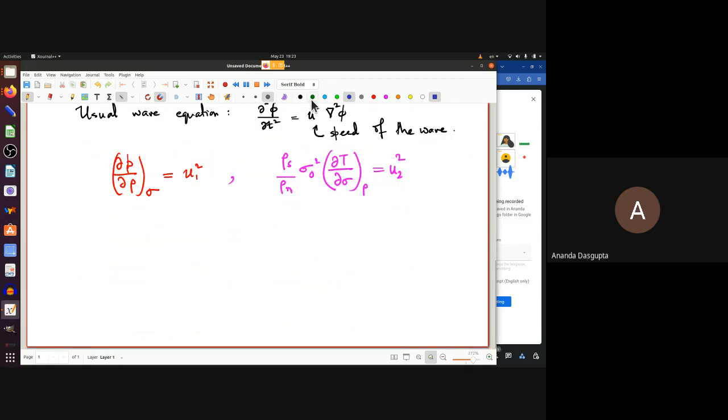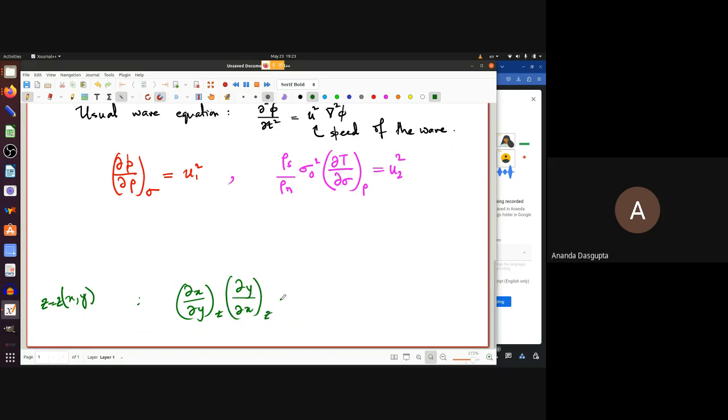I'm pretty sure all of you did this, which is if you have three quantities x, y, z, which depend on each other, so there is some function of x and y, let's say. If you have such a thing, then two things happen. First of all, del x del y at constant z times del y del x at constant z.